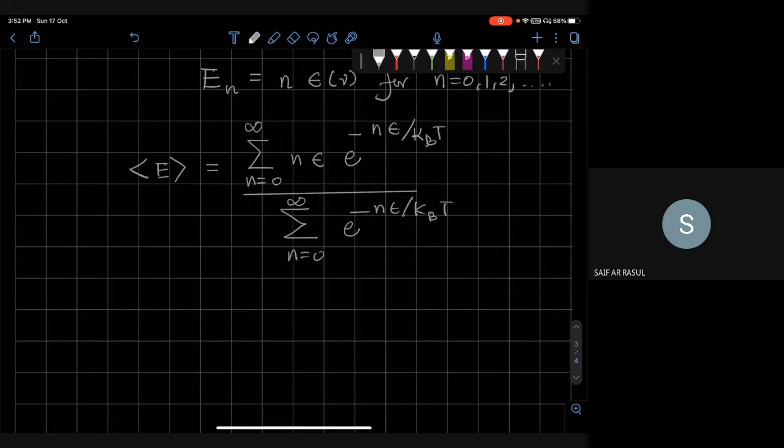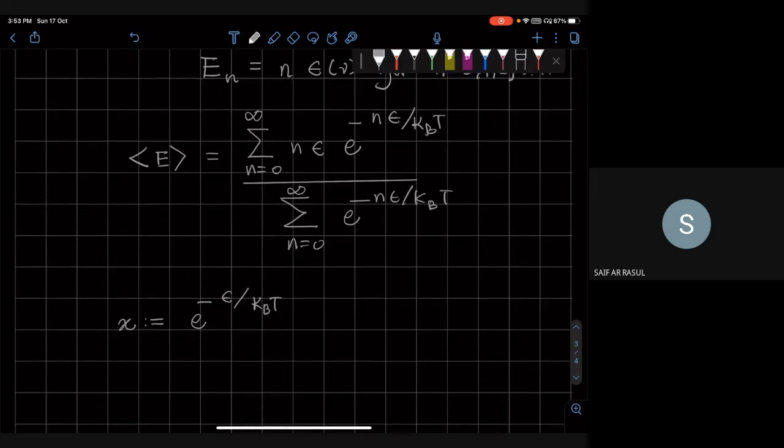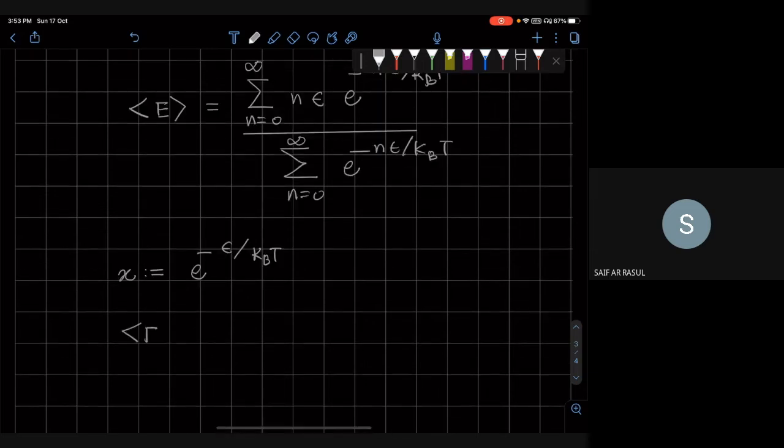To do this, let's introduce a new variable, x, defined to be e to the power minus epsilon by kB T. Then we can rewrite the expectation value of E by factoring out the epsilon: a sum over n from 0 to infinity of n times x to the power n, divided by the sum from n equals 0 to infinity of x to the power n.